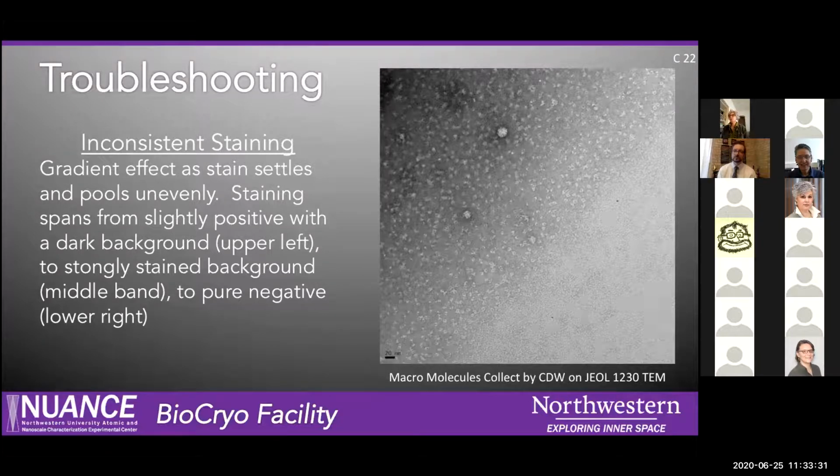As you move away from that dark stain, you resolve more unique attributes of the sample. Then as you move further away, you have no contrast at all because there's not enough stain. So again, using that evaluation, don't be afraid to look at areas that initially look bad to you.